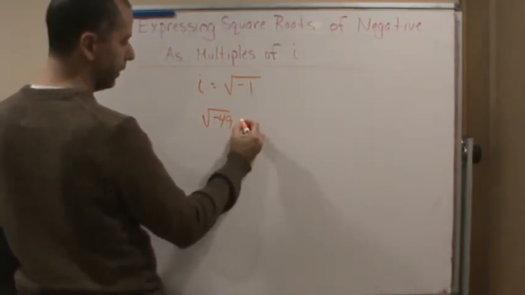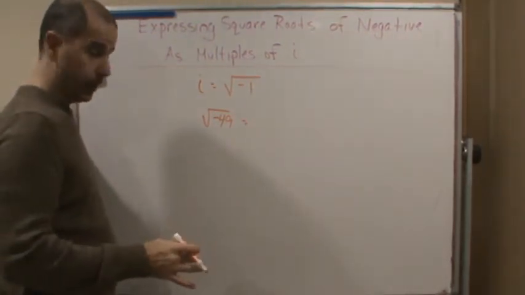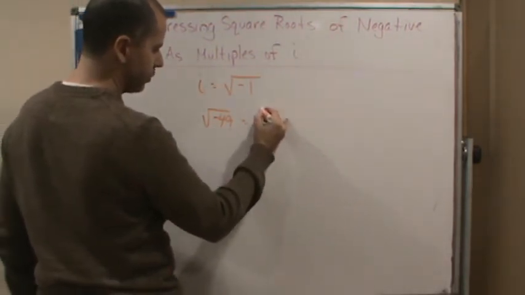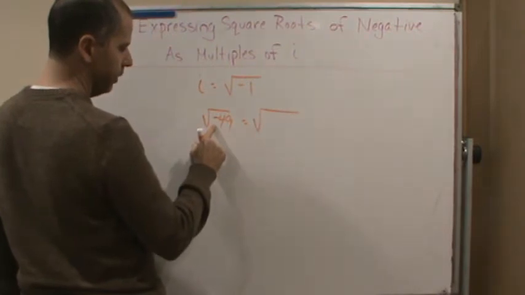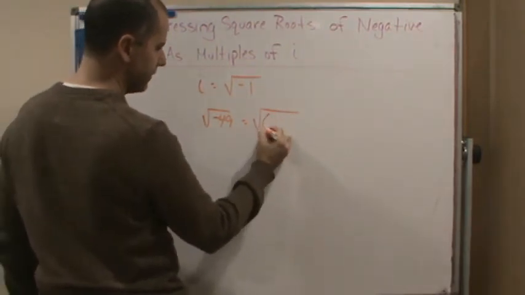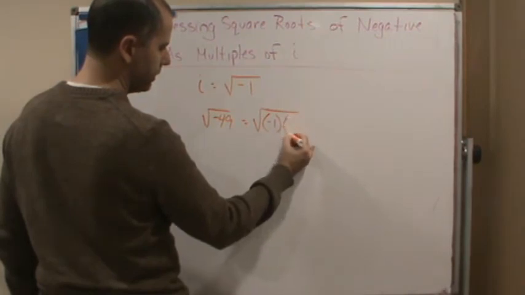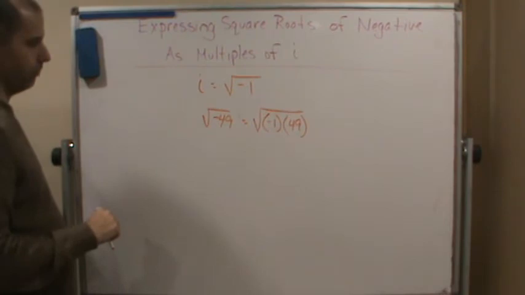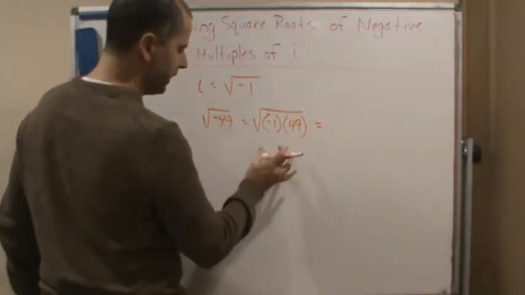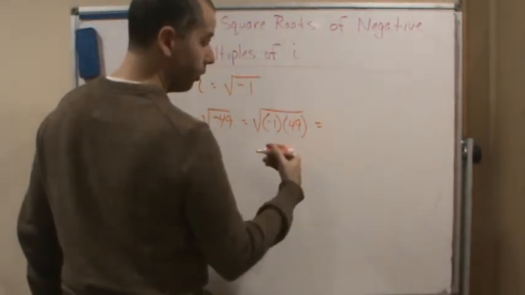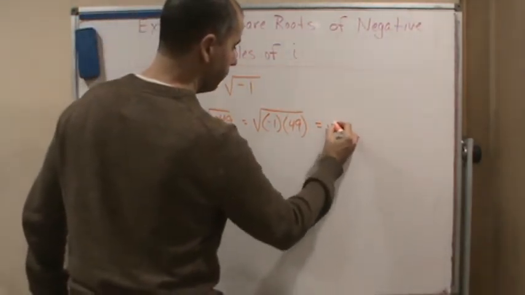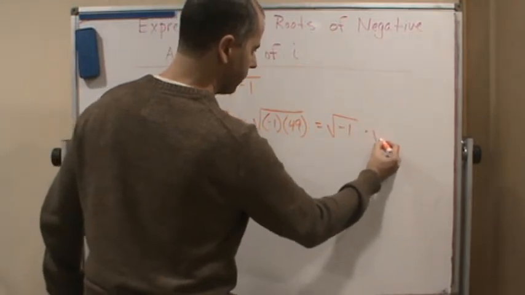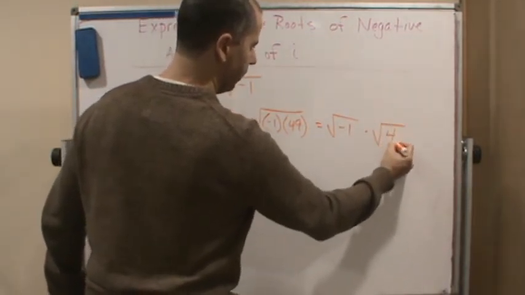So what do we do? We use the property of roots. We start with the inside and write this as the square root of -49, which we can write as -1 times 49. There's nothing wrong with that. Then we can split this up into two radicals by using the properties of radicals: the square root of -1 times the square root of 49.